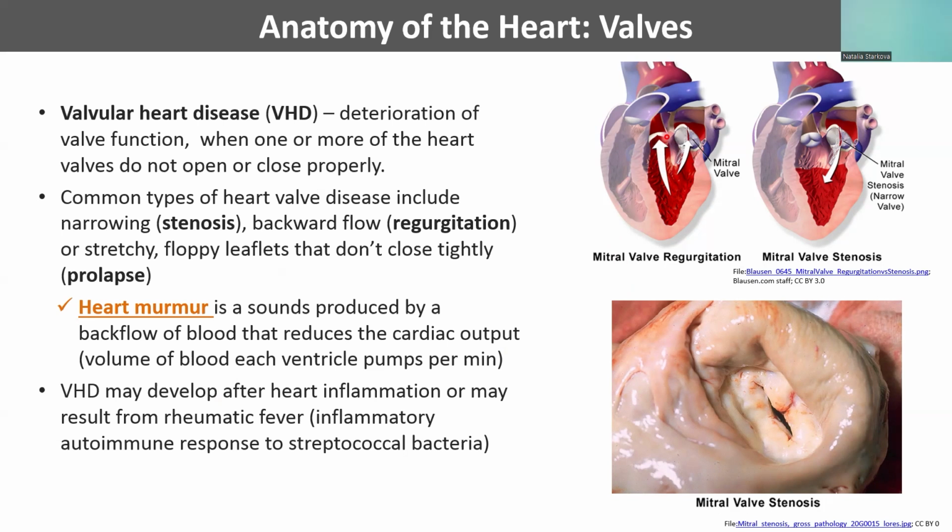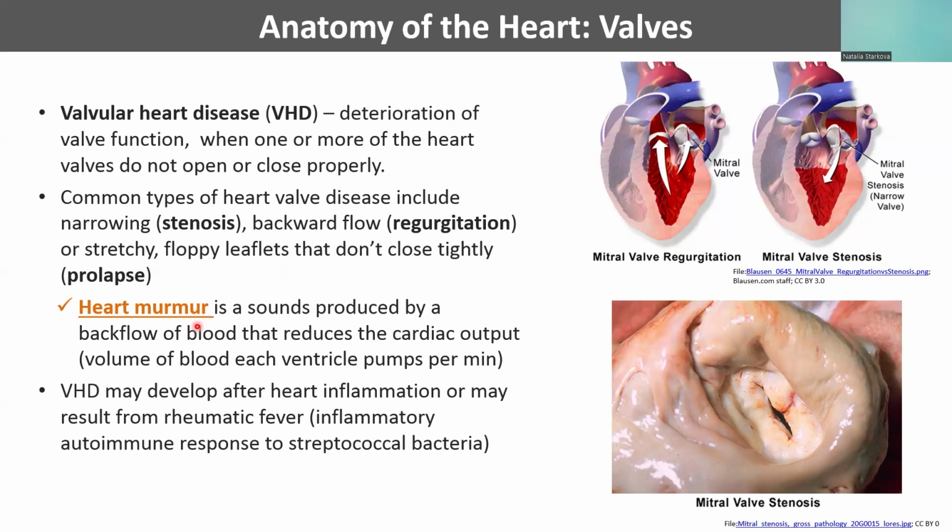Because of this, the efficiency of the blood pumping through the heart is much less, and the body gets less blood and less oxygen and fewer nutrients. The backflow of the blood is often heard as a murmur, a heart murmur. It sounds like a very cute thing, but it's really a serious problem, because when the blood backflows through the valves, that produces this sound.